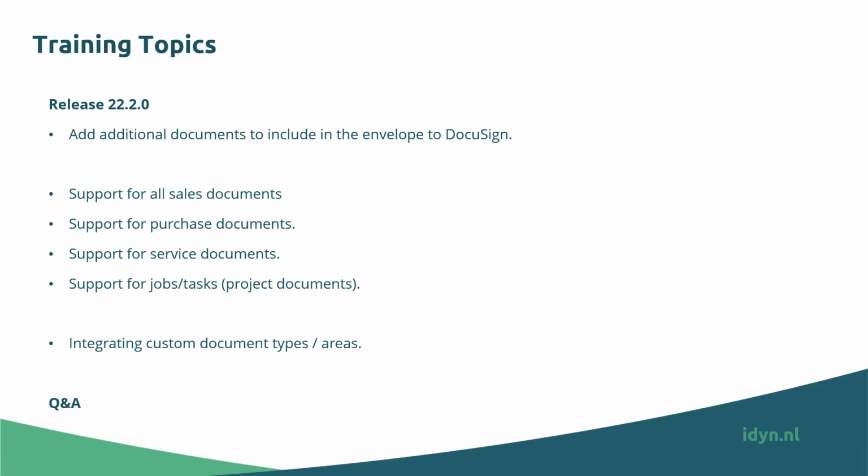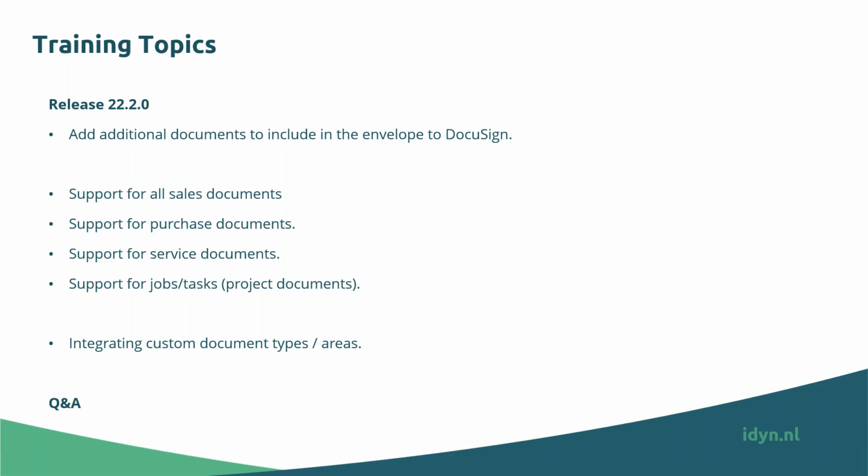And with that change, we also have a setup where we can allow integration with custom document types or areas, since we, of course, have customers and partners that probably want to add these flows to their documents, but are not included in those 4 areas that are mentioned on screen.